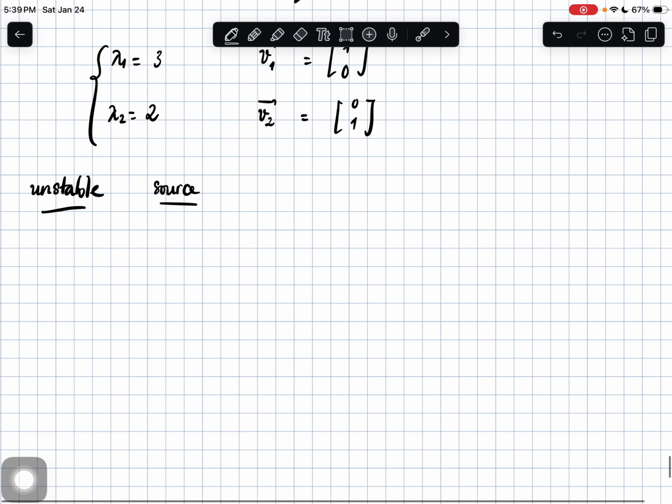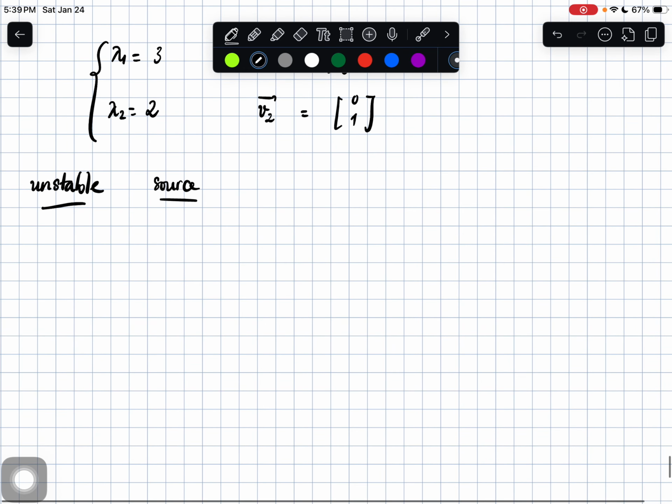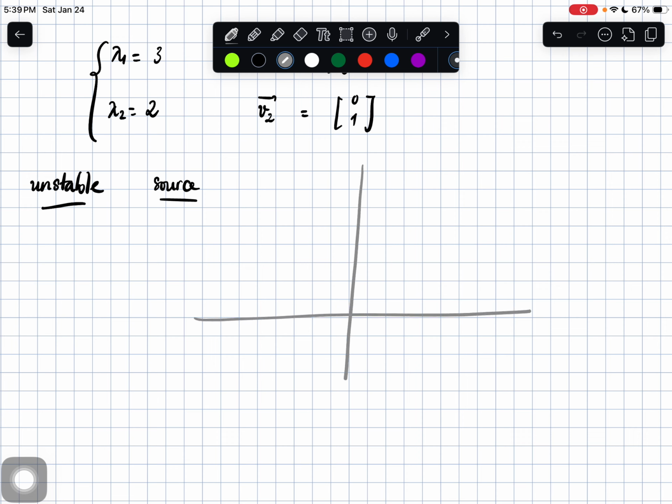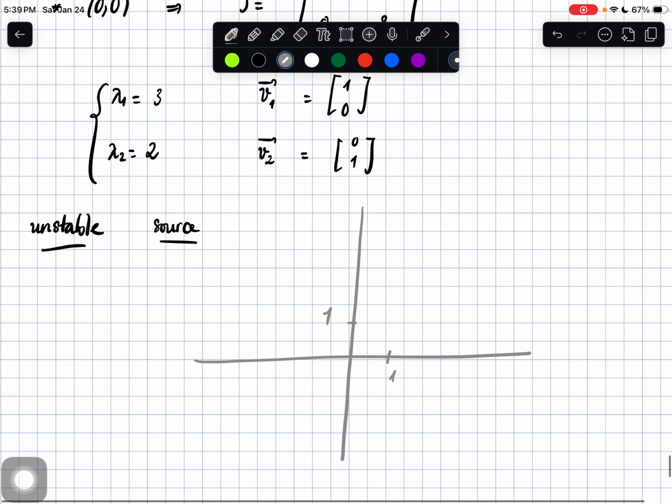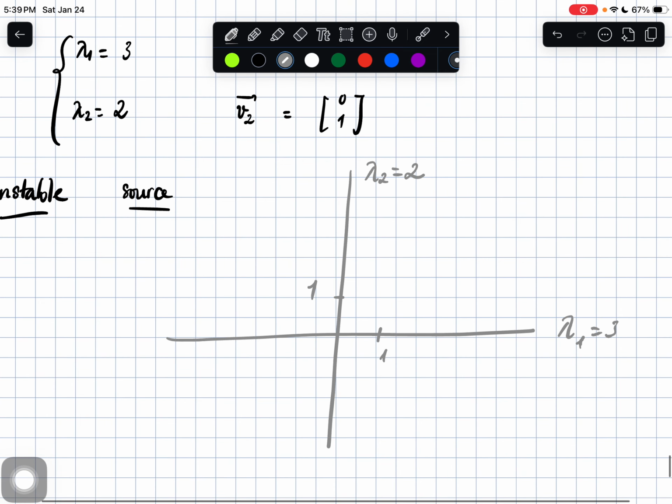The picture we will see. Let's draw that then. (1, 0) and (0, 1), lambda 1 equal to 3, lambda 2 equal to 2. So they both go off to infinity.